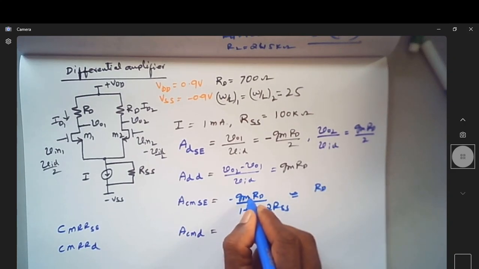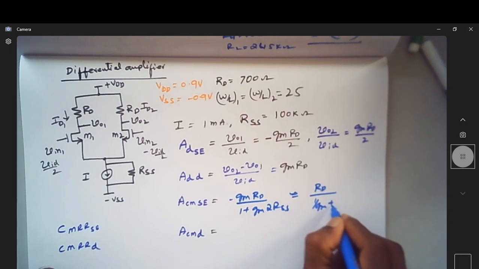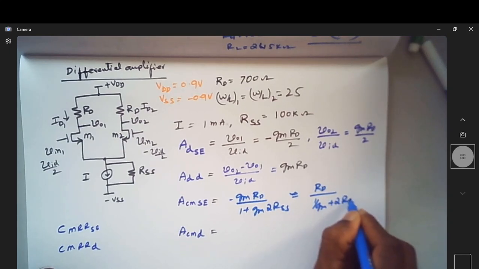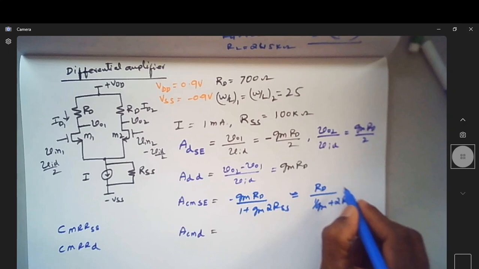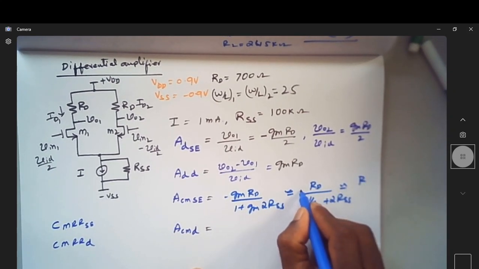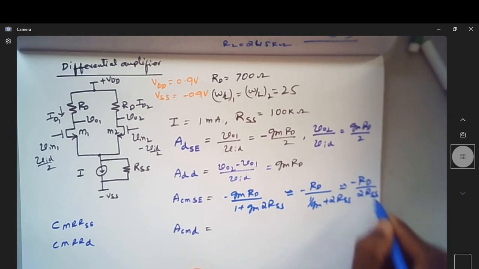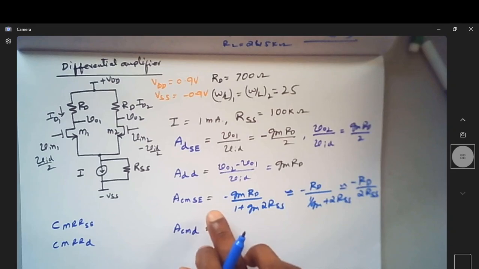You can take out GM as a common factor, so that will become RD by 1 over GM plus 2 RSS, or it can be further approximated as, of course, minus RD by 2 RSS. So this is the common mode single-ended gain.